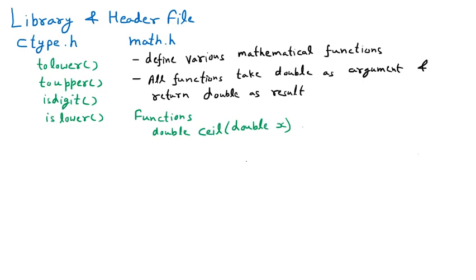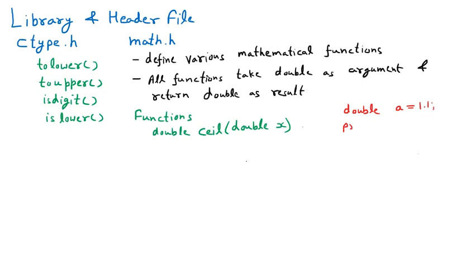Now I am explaining the ceiling function with the help of an example, to show what it is going to do. Let us suppose we have a double a, and the value of a is 1.1, a floating value.